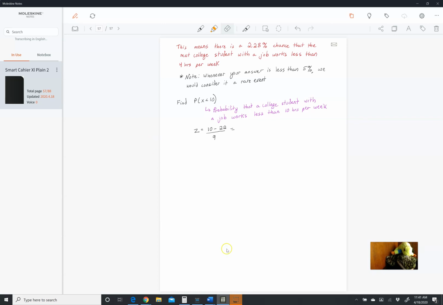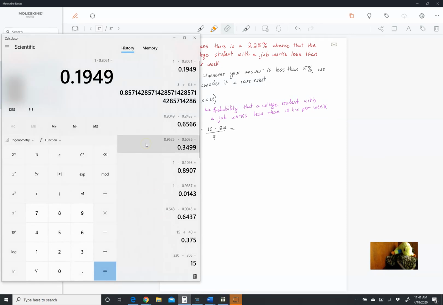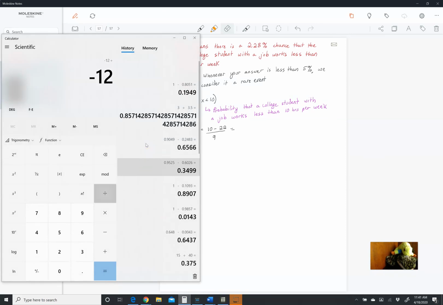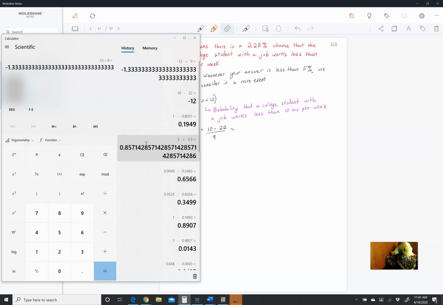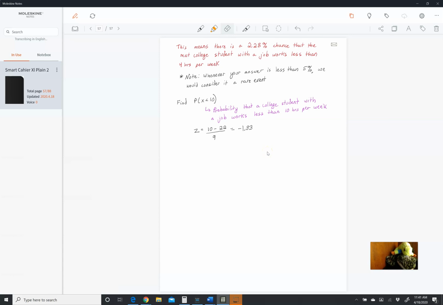So if we calculate this, we get negative 1.33. Remember, round to the nearest hundredth, because that's what our Z-score chart is based on. So the probability that X is less than 10 is the same as the probability that Z is less than negative 1.33.